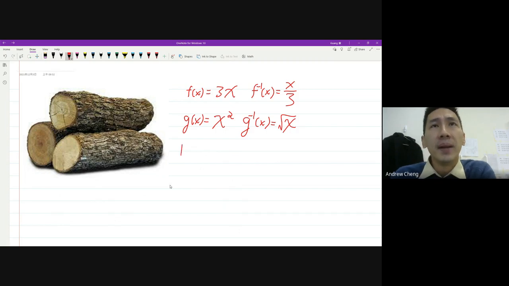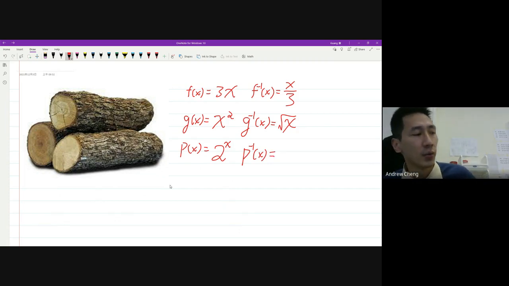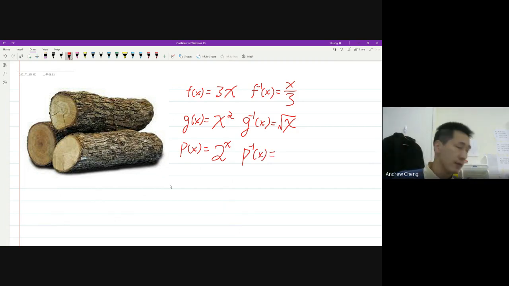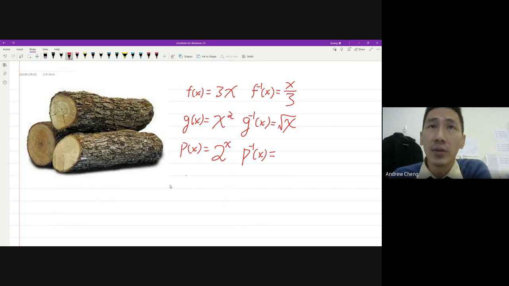However, if I say p of x equals 2 to the power x, how can we write the inverse function of p of x? We don't have the notation, we don't have the weapon to find the inverse function of this. So we need log. If 2 to the power x equals y, we need another way to write the exponent.